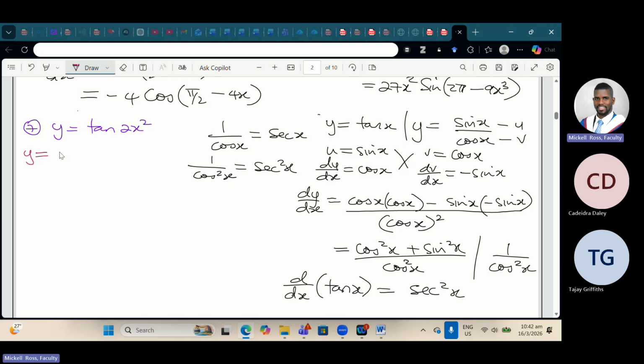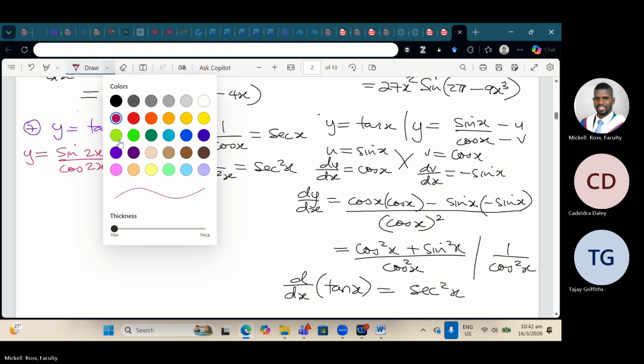This would be y is equal to sine 2x squared over cos 2x squared. So you have u and you have v.